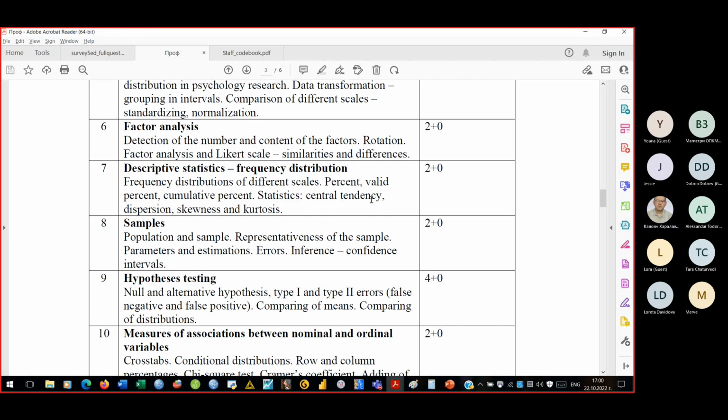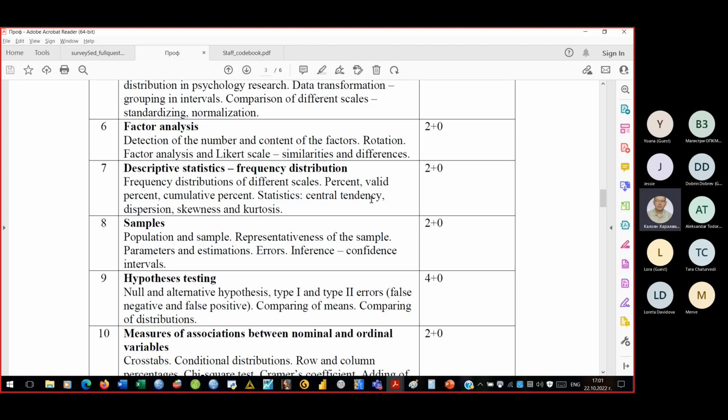And since we work with samples, we always have sampling errors. To answer whether there is or there is not a relation between variables, our first step is to test hypotheses.